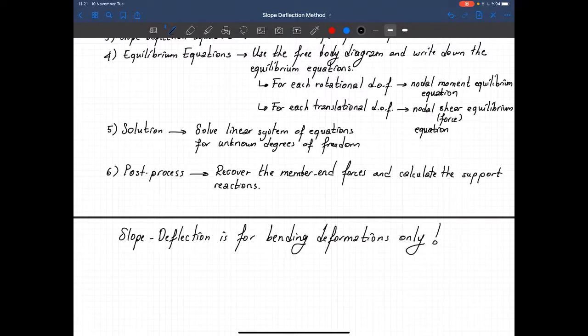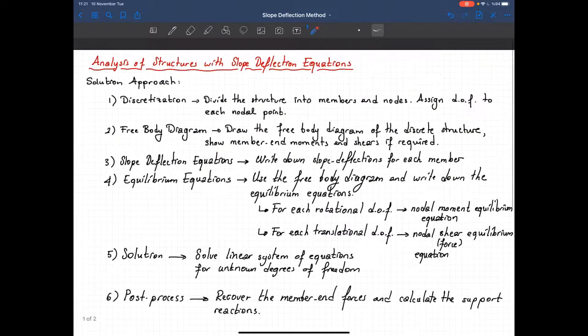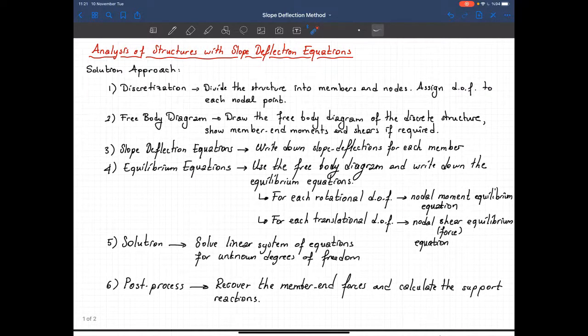So you cannot analyze a truss structure by using slope deflection equations. Of course, that's very obvious. Why? Because we derive these equations by considering the bending deformation, and this method is again for bending deformation only. We actually did this.